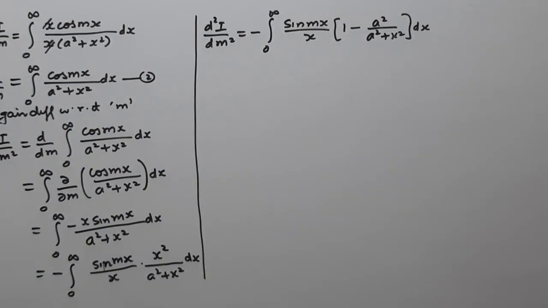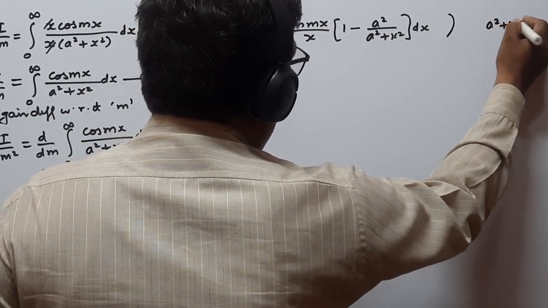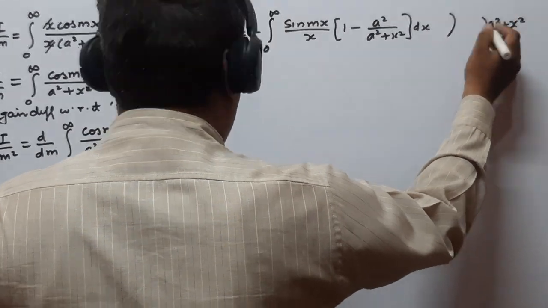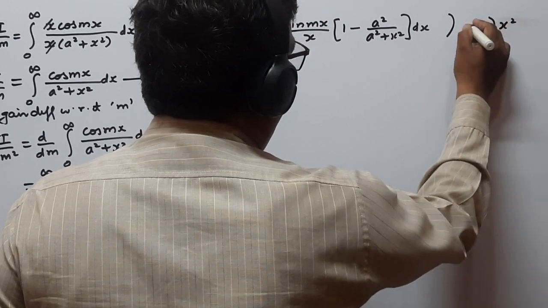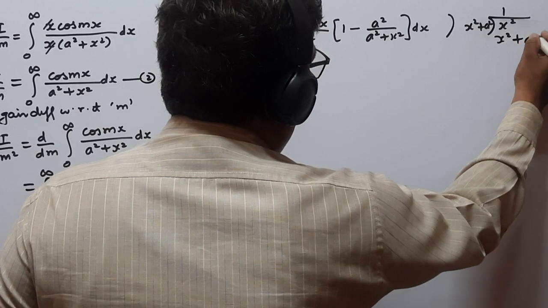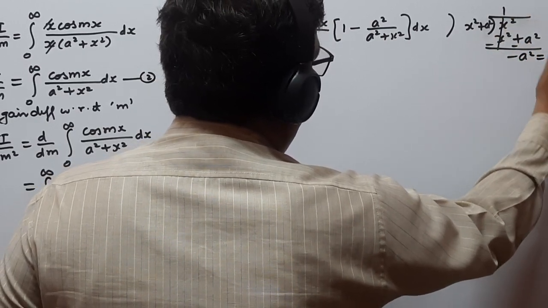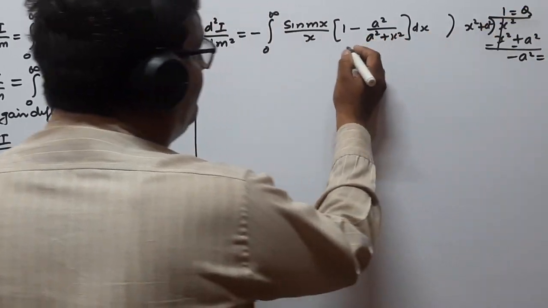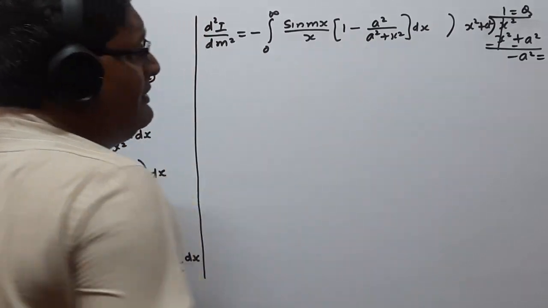You can see here, when we divide x square by x square plus a square, we take 1 multiplied by x square plus a square, so this will be cancelled out, so this is minus a square, this is the remainder, and 1 is the quotient, so this can be written as quotient plus remainder upon divisor.